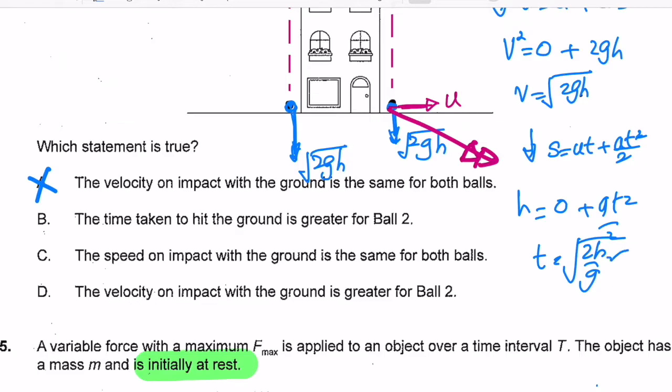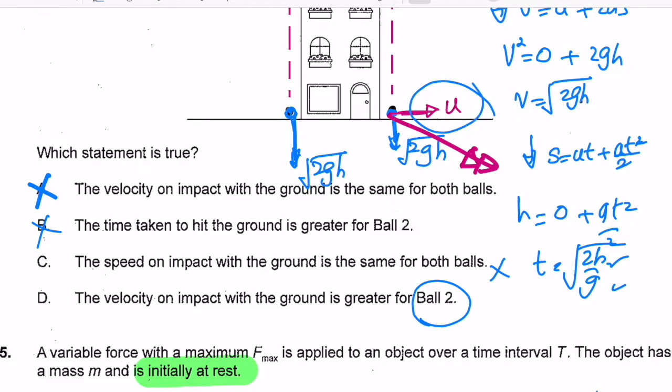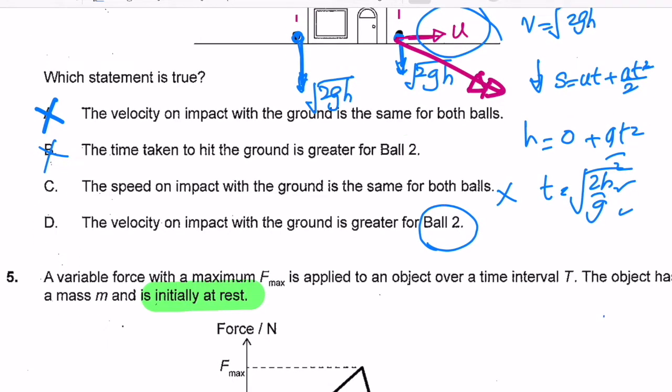It is the same for both of them, the height is the same. So this is also wrong because the time is the same for both. Speed on impact with the ground is the same? No, speed is different. Velocity on impact with the ground is greater for ball 2? That's right, because ball 2 has a horizontal speed, so the total velocity is higher. So the answer is D.